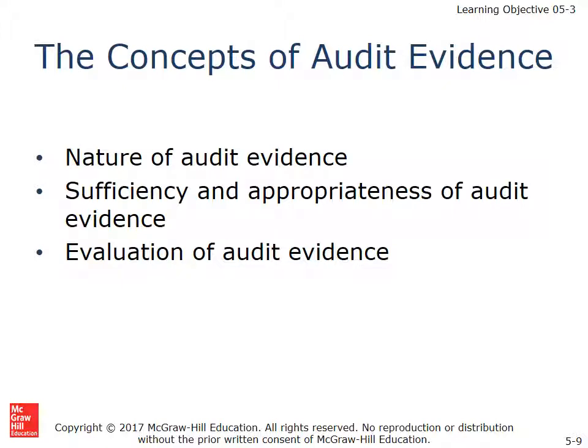The concept of audit evidence is you need to look at the nature of the audit evidence, sufficiency and appropriateness of it, and the evaluation of it. These are 3 very important concepts that you need to understand in order to plan and perform the audit. What type of audit evidence, how much, and how do we use it?